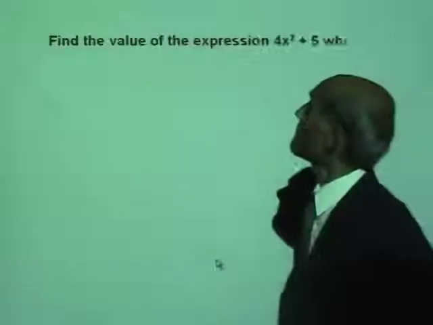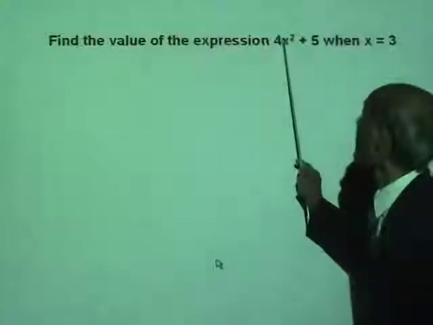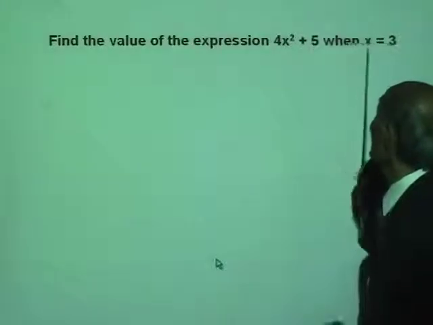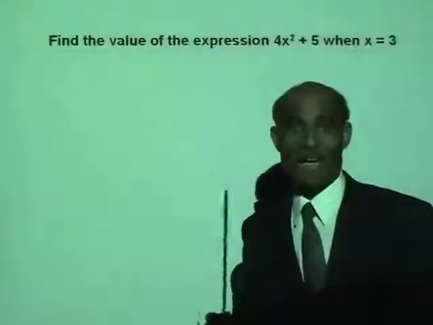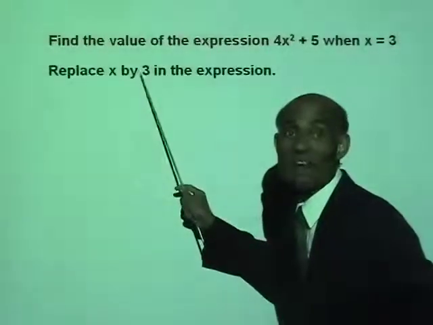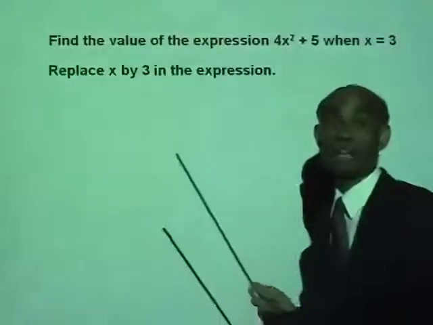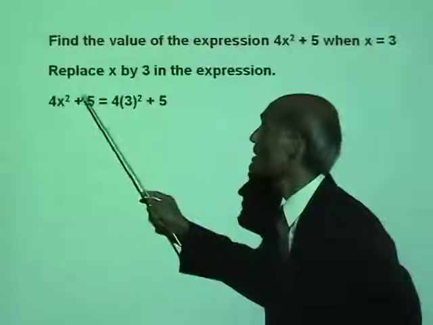Let's try another one. Find the value of the expression 4x squared plus 5 when x equals 3. As usual, we replace the x by its value given to be 3 here. So what is 4x squared plus 5 equal to?